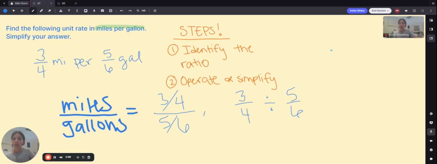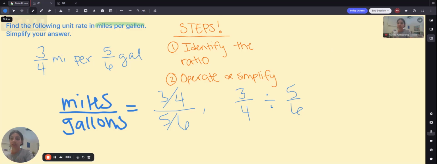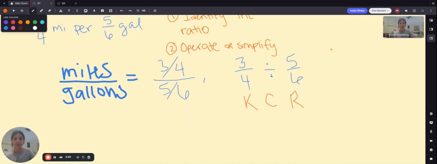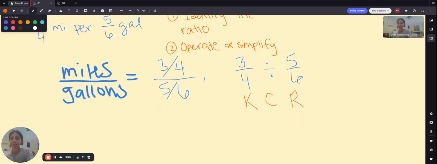To operate with fractions, we have to remember keep, change, reciprocal. We keep 3/4, change division to multiplication, and the reciprocal means to flip your fraction over, so 6 becomes the numerator and 5 becomes the denominator.